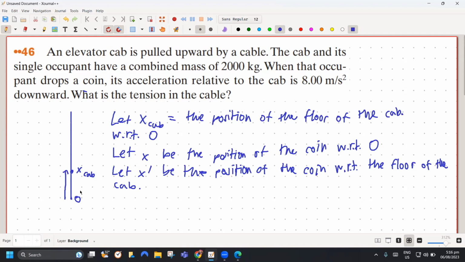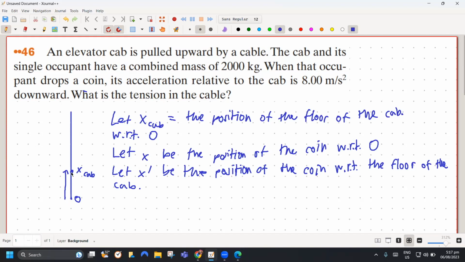Okay, ngayon, use a different color. Yung X cab, saan ba mini-measure? Let's measure with respect to O. Ngayon, draw another vector to represent the position of the coin with respect to the ground. So, same color. Mark on the diagram yung position ng coin.